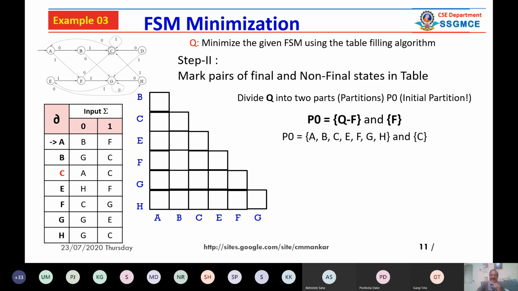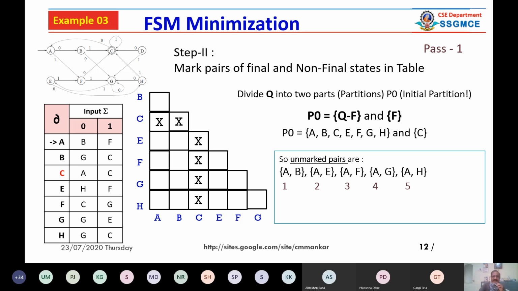Because here luckily there is only one final state, that is C, but there might be some machine where there can be a large number of final states. Even there can be a large number of initial states. So what we do, we put a cross like this: A to C, B to C, E to C, F to C, G to C, and H to C. I have kept crosses because this cross represents initial distinguishable pairs.